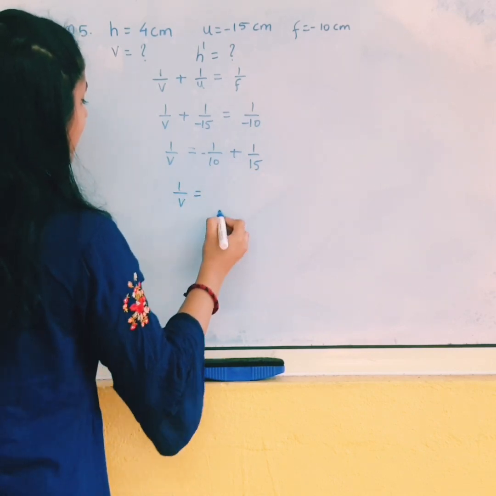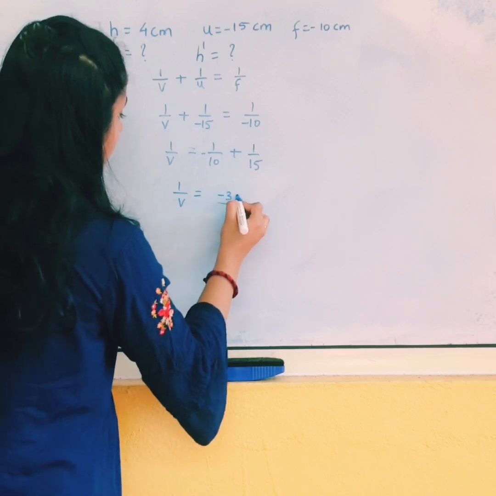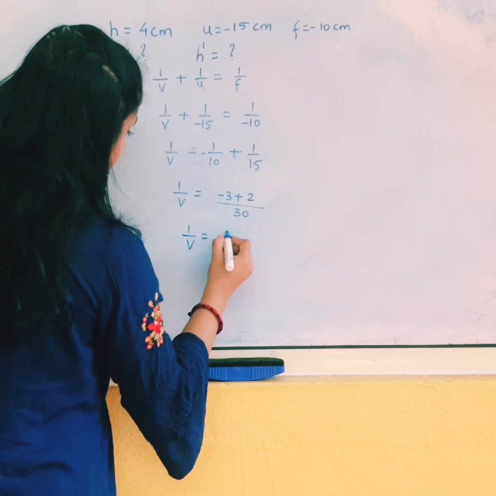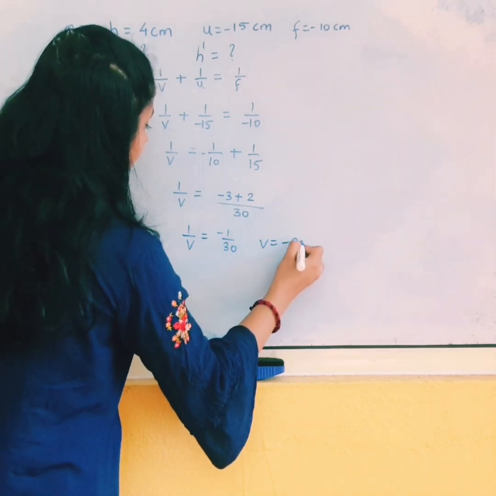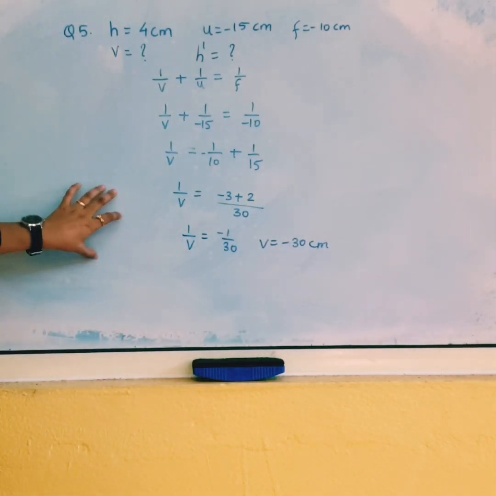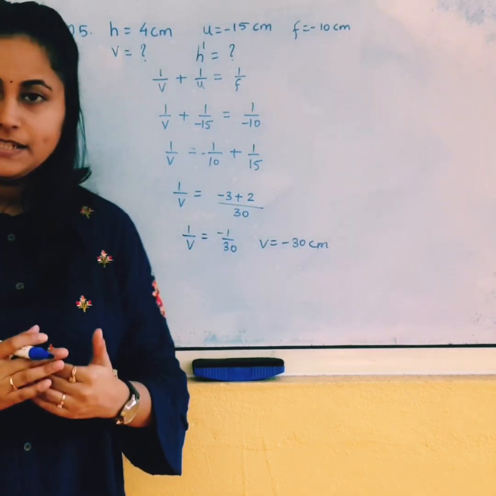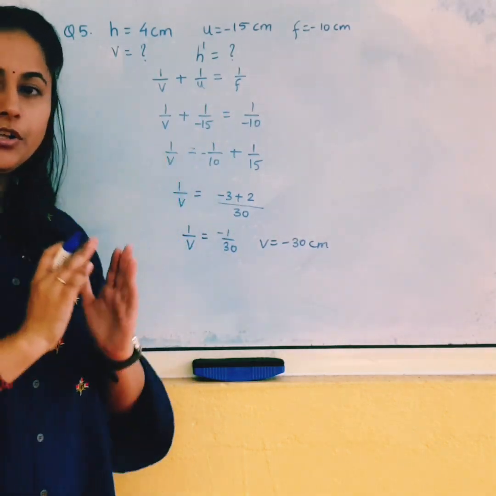Again take LCM here. So v will be negative 30 centimeter. Now see, when the image distance is negative 30 centimeter, it means that it is formed on the same side where the object was kept, because this is the concave mirror.